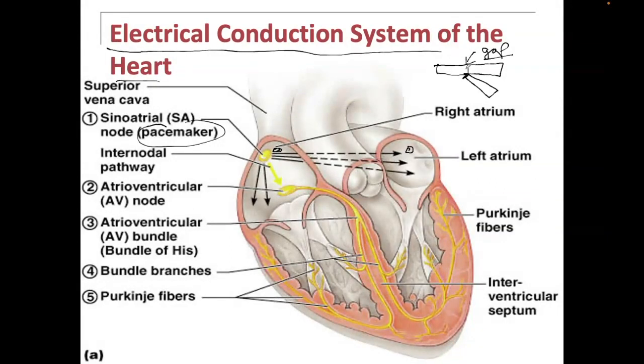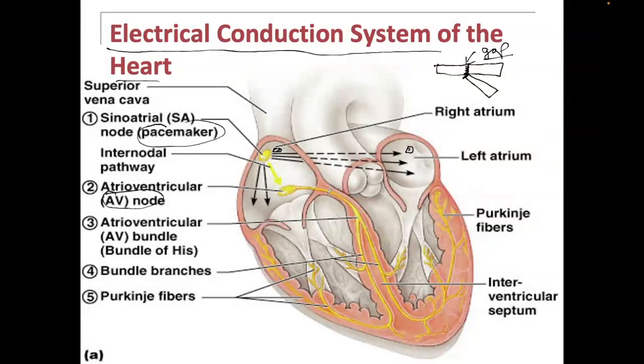These lines in between these heart cells, if you remember, are called intercalated discs. Now, when the information is relayed to both atria at the exact same time, the electrical signal is going to be relayed to the AV node, number 2, which is the atrioventricular node.